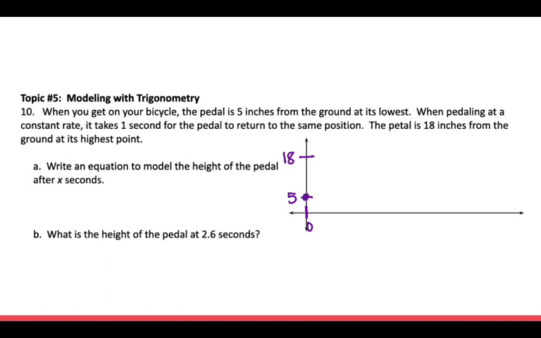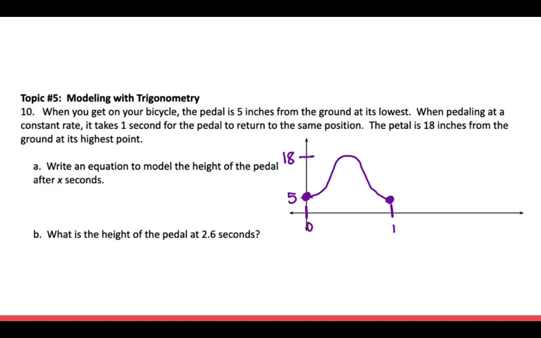So my pedal is starting at 5 inches above the ground, and then after 1 second, it's back in the same position at 5 inches above the ground. And what's happening as your pedal is moving around your bicycle, it's going to go up to 18 inches above the ground and then back down again. And if you'll notice, this right here looks like a reflected cosine graph. So I can use that to write my equation.